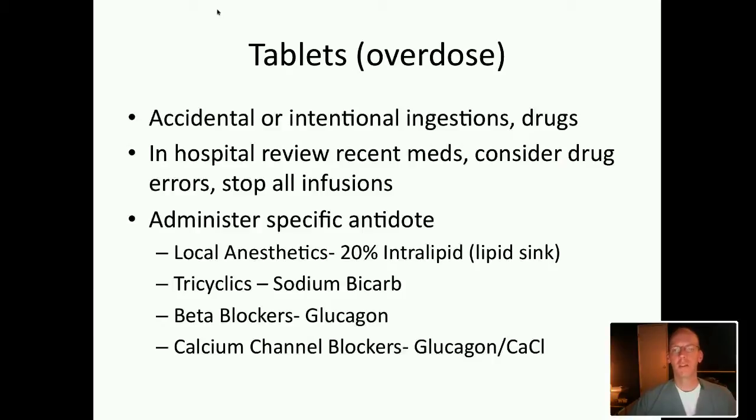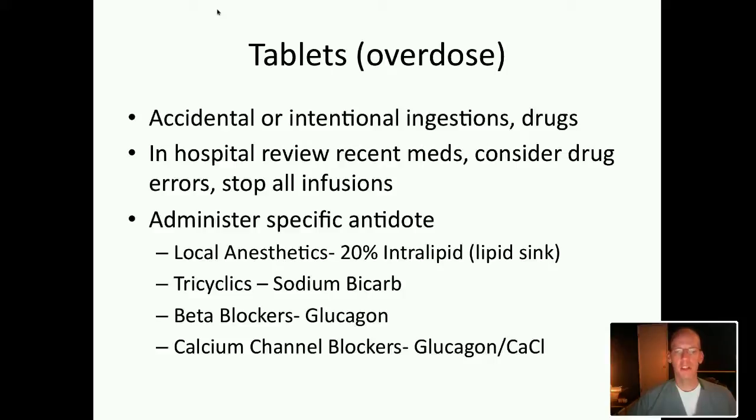For example, they inadvertently started Nipride when they were trying to start another drug, which would obviously cause severe hypotension and maybe an arrest. So stop all the infusions until you know what's happening with these patients, or at least confirm that the infusions are running the way you think they are.